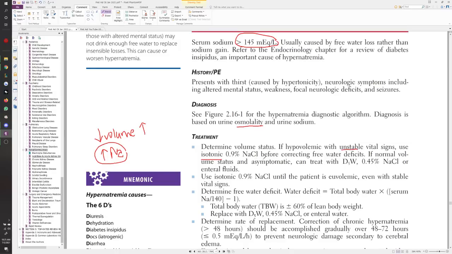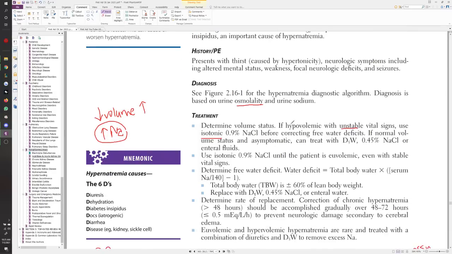Okay, so these are some things to keep in mind. Don't pick the answer choice of using hypotonic saline just because the patient is hypernatremic. It's a tricky thing that students definitely fall for if you haven't studied, and it almost sounds logical to use hypotonic saline in a person who's hypernatremic, but that's not logical. Right? You're not fixing both things at the same time.